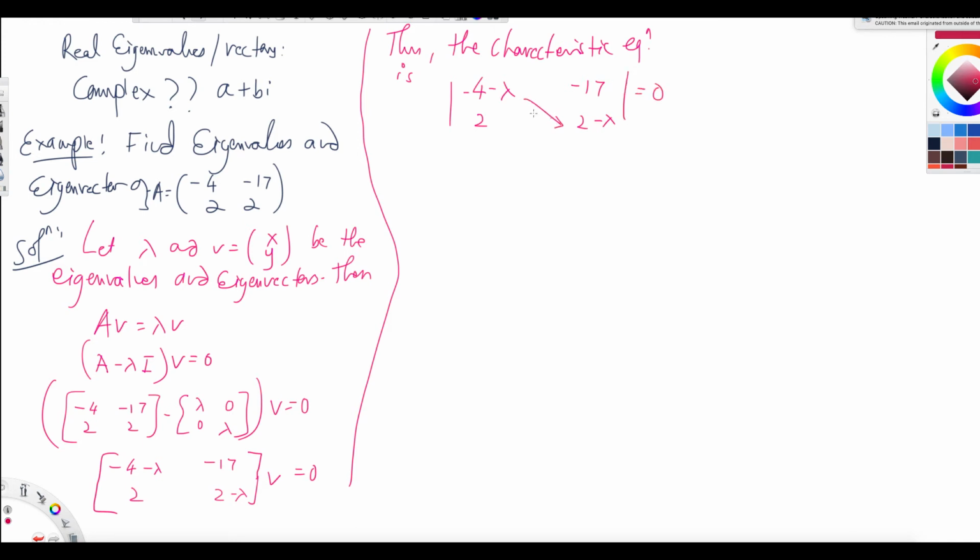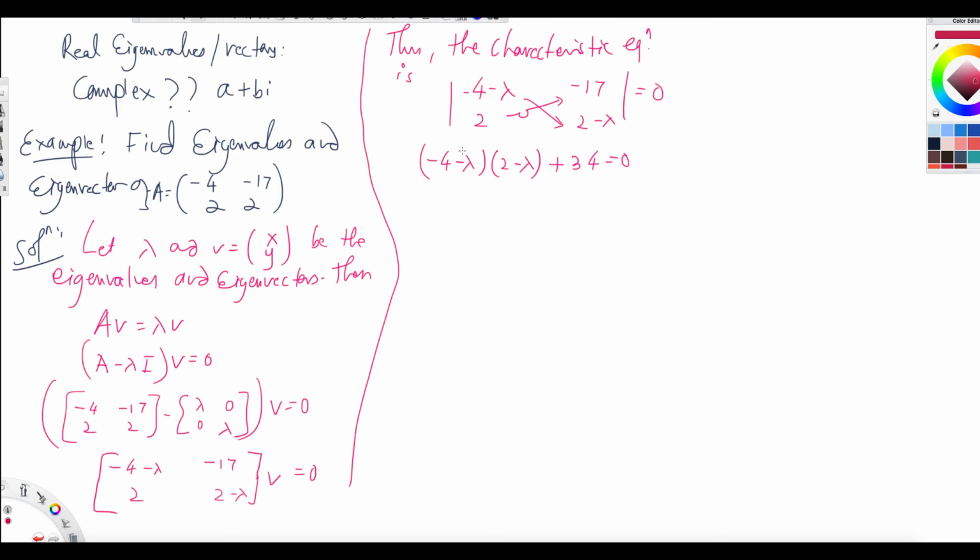See, this multiplication is positive. You multiply this negatively, that will be (-4 minus lambda)(2 minus lambda) plus 34 equals 0. Why? Because 2 times -17 is -34, but this multiplication is negative, so that will be positive 34.